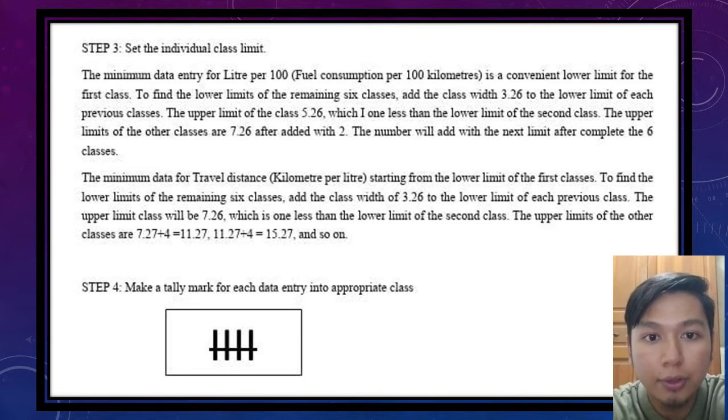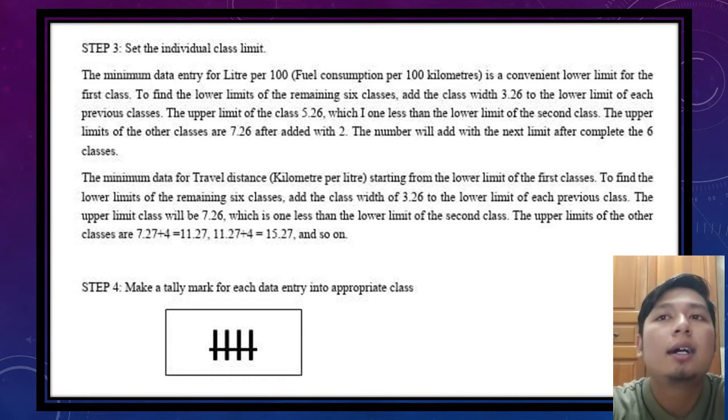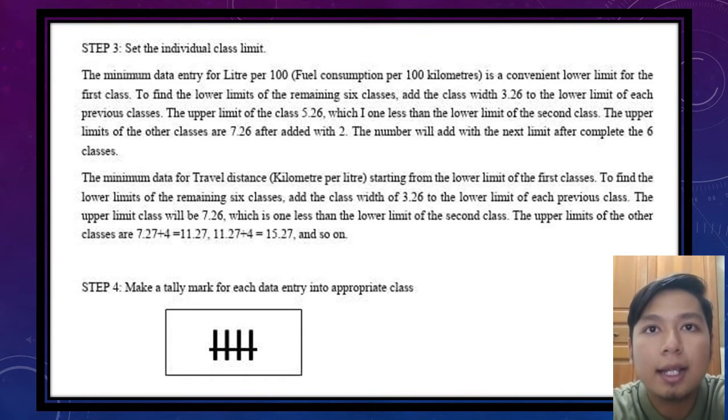The upper limit for this part is 5.26, and the lower limit of the second class is 5.27. The upper limit of the other class is 7.26. After adding 2, the number will be added to the next limit until the 6 classes are complete.